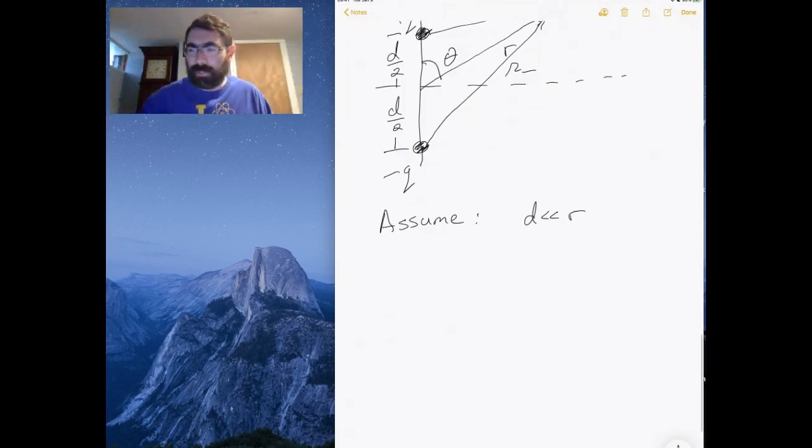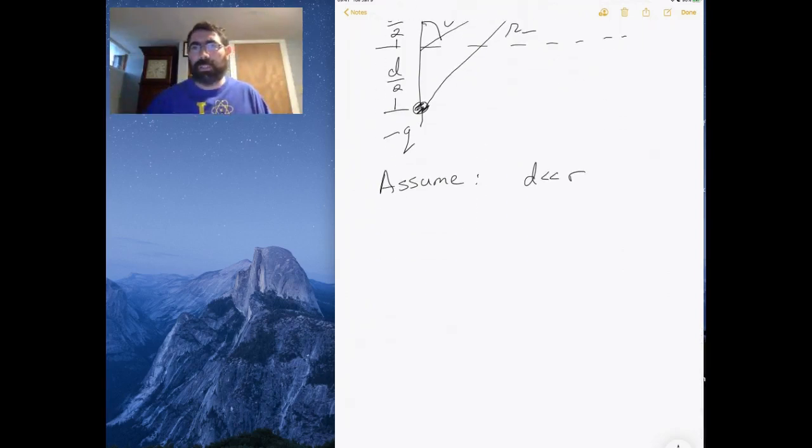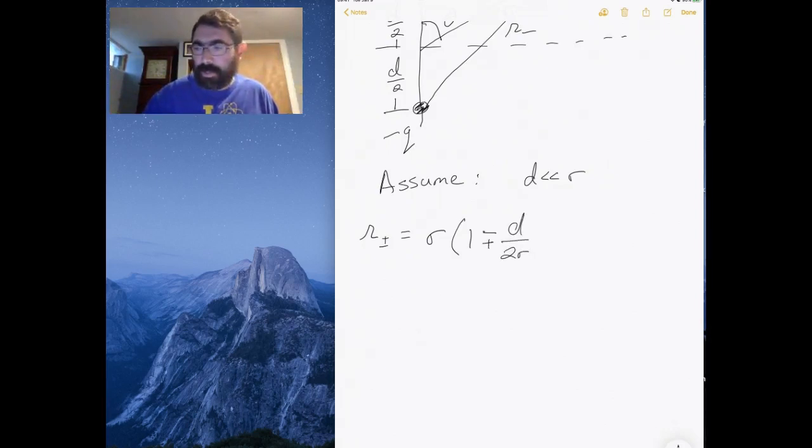And if that's the case, then we can do an expansion of that square root. So we can do a binomial expansion, and r plus or minus is going to be r times (1 minus plus d over 2r cosine theta). Okay.